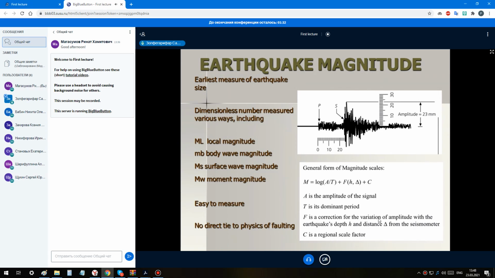F is a correction for the variations of amplitude with the earthquake depth H and distance delta from the seismometer. C is a regional scale factor, as shown.